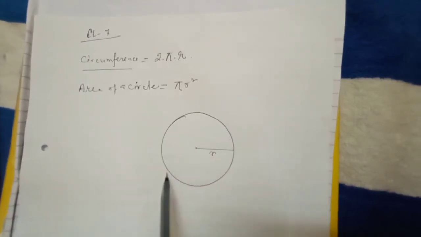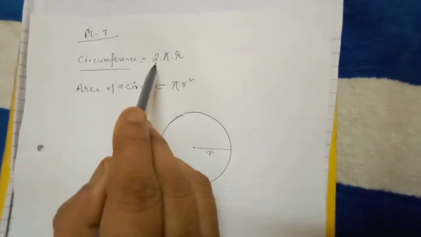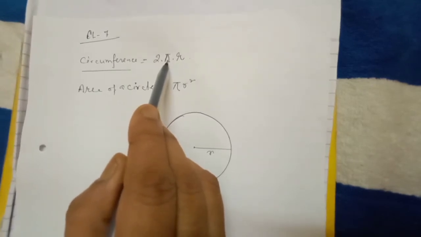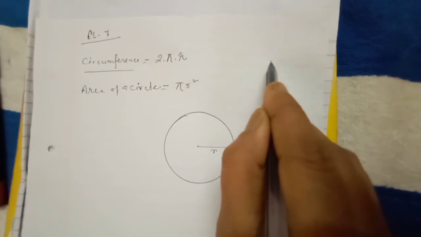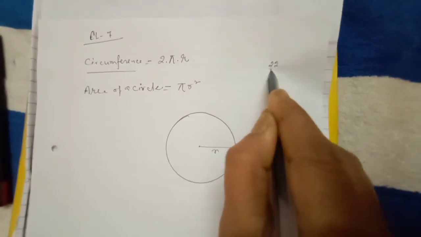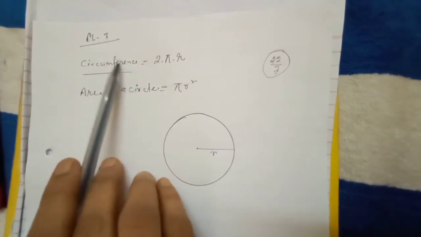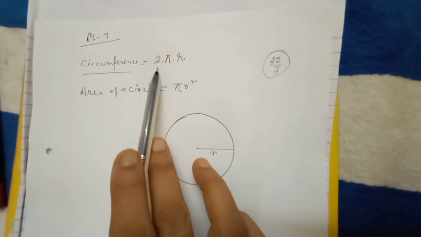You can find it by the formula 2 pi r. Pi is a constant number whose value we generally take as 22/7.